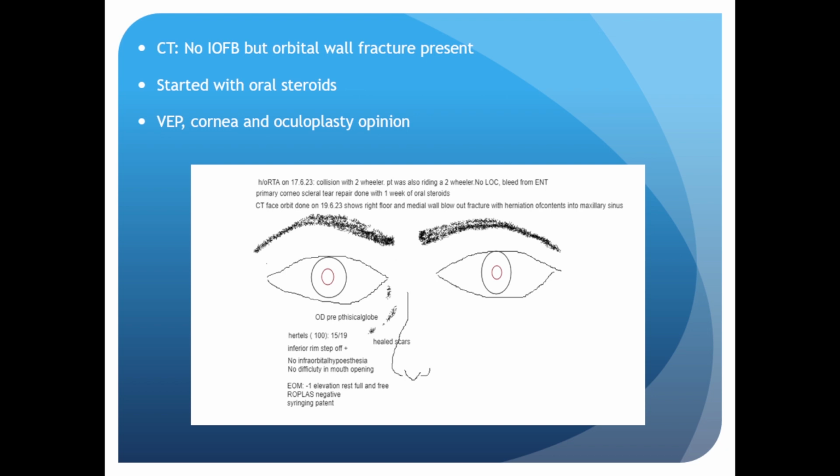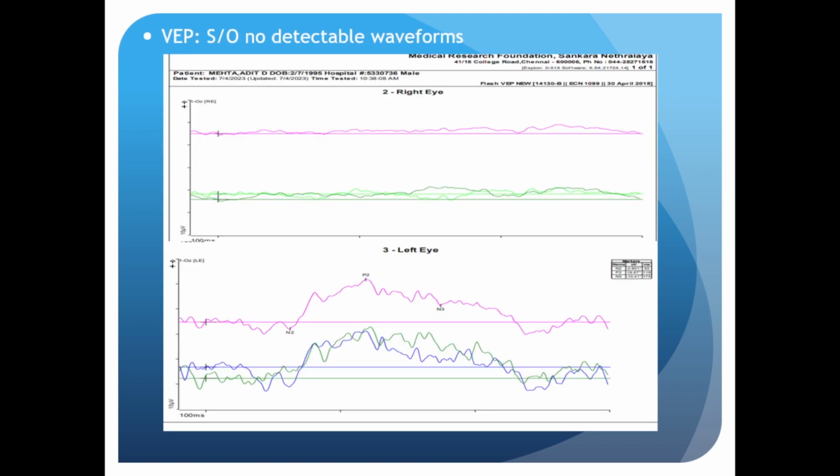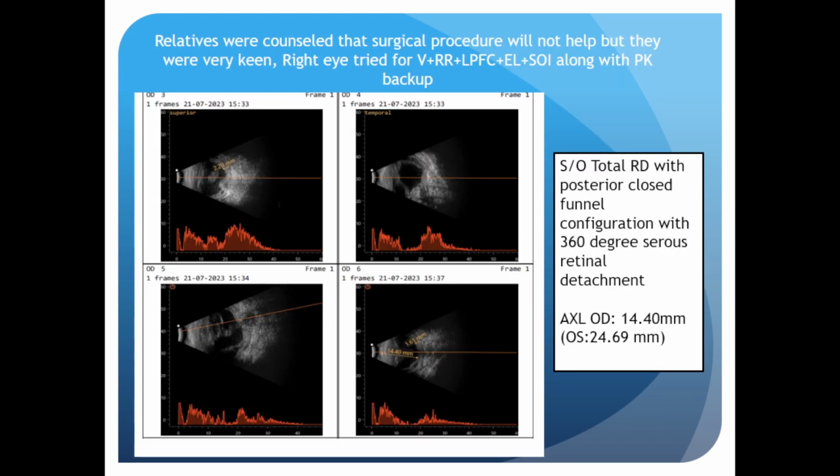If it is pre-phthisical, you should not tie anything also. It's trauma related, acute injury related, all pathology is there. Please don't write pre-phthisical globe. Even if you write pre-phthisical, please explain why you're calling it that at such a short interval from the trauma. VP showed no detectable waveforms.